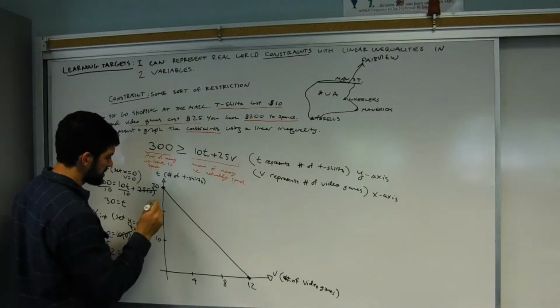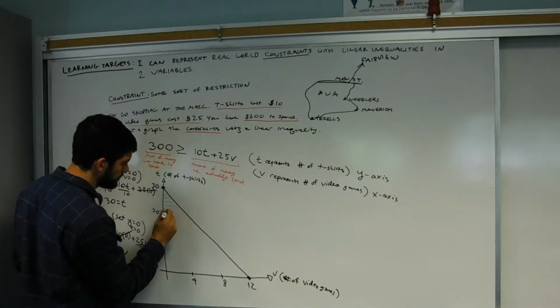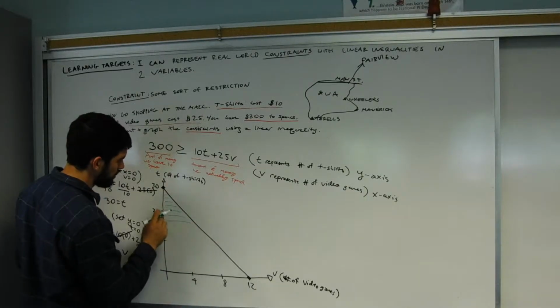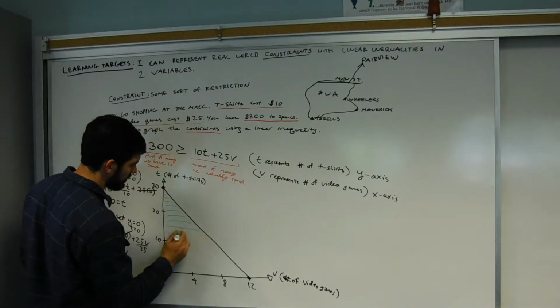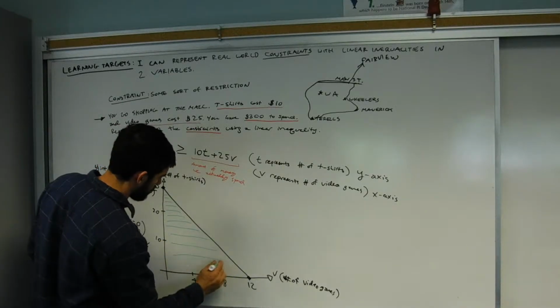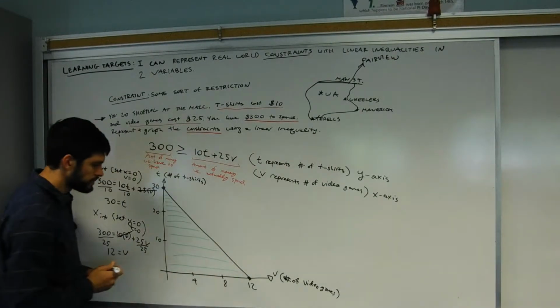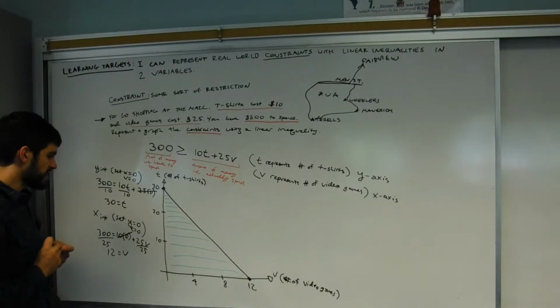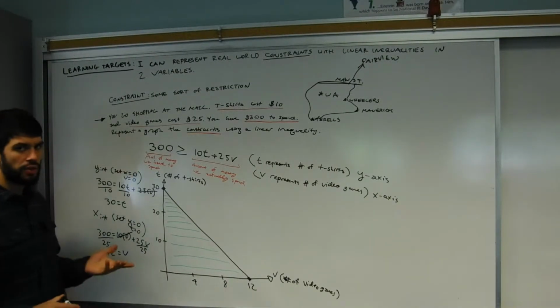So that means we would shade below the line, because we can buy fewer t-shirts or fewer video games, but we can't buy more. And this is the graph of our scenario.